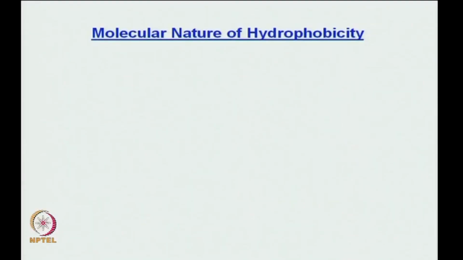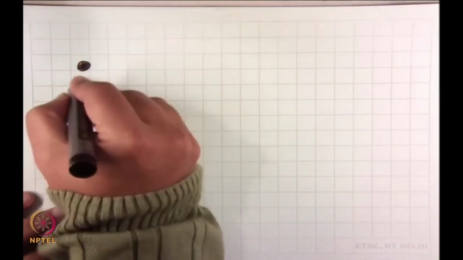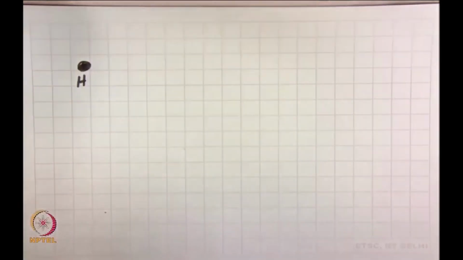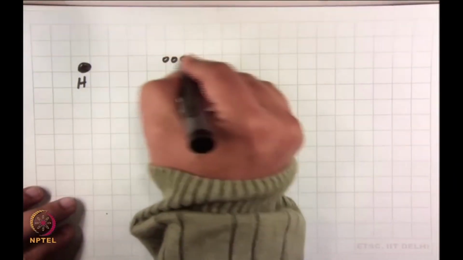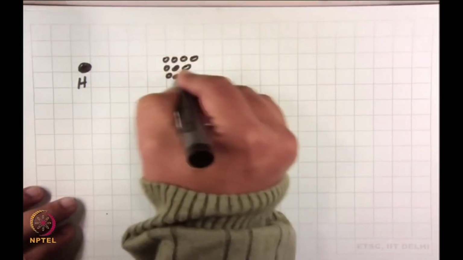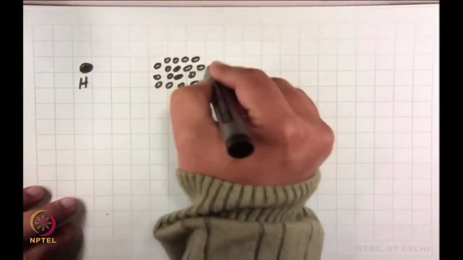What about the molecular nature of hydrophobicity? For example, if you would try to model a solvation process, that means you take a molecule. So we are looking at the molecular nature of hydrophobicity now. You have a hydrophobic molecule H, and suppose you have a series of water molecules out here, they are all your open circles.